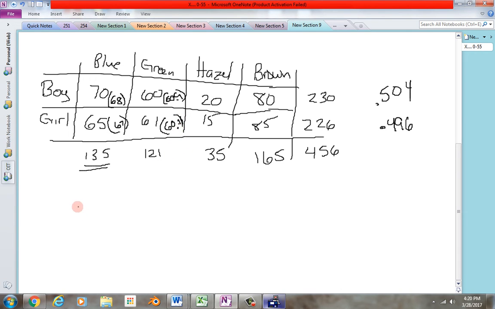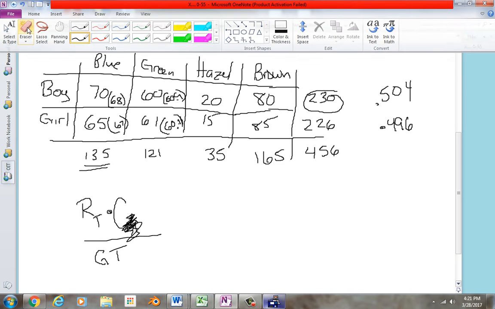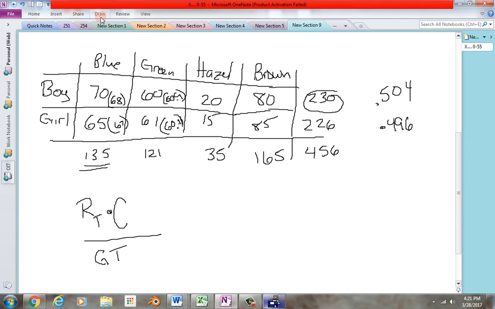Now, your book makes a huge deal. They say, let's take the row marginals, and they do something like row sub i totals or whatever. It's not important, but they take the row total times the column total, and then divide it out by the grand total.